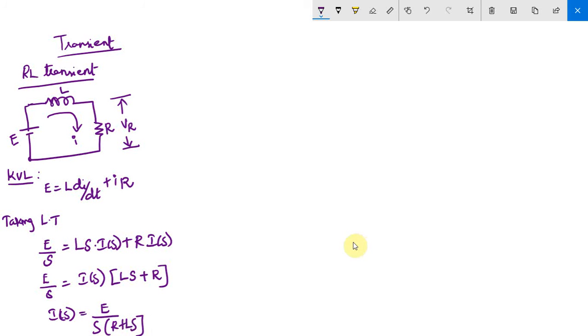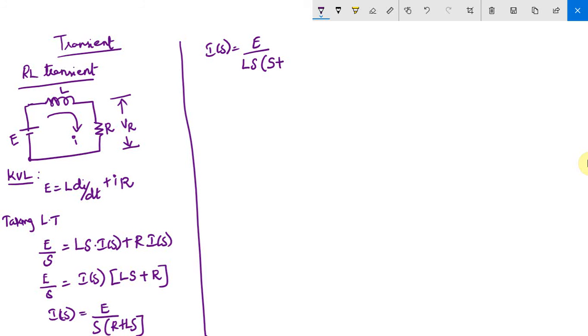So I of S is equal to E divided by L into S, then the S coefficient is now going to be 1, plus we have R and there is no L in it, but we have taken L as common, so it becomes R by L. So R divided by L. Now we have two S terms, right? Now take partial fraction for this.